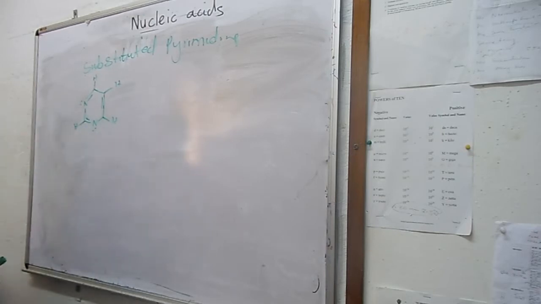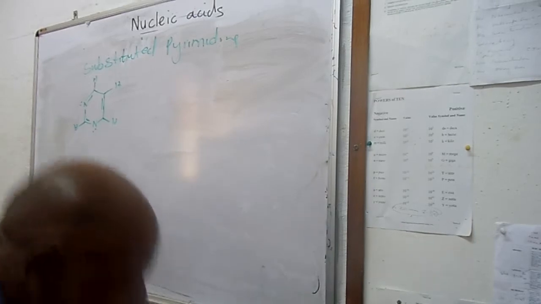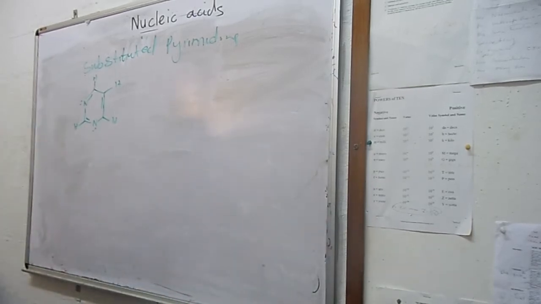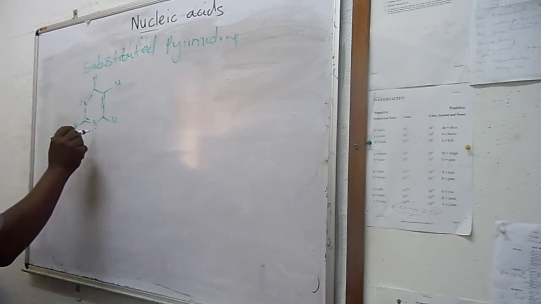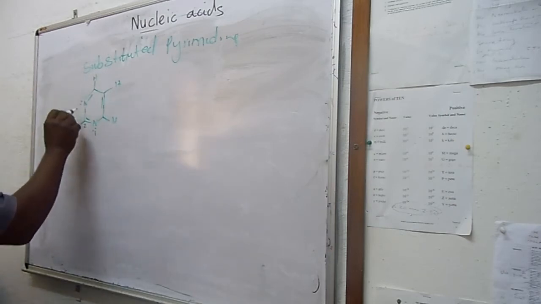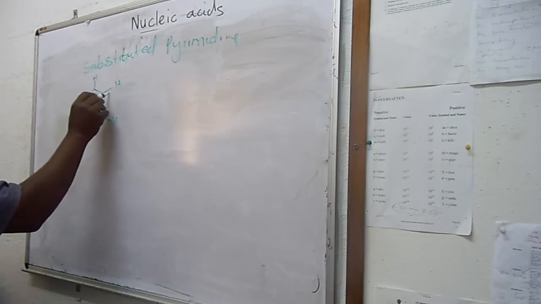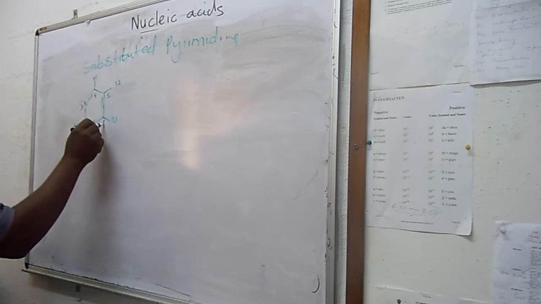So what we were saying was that if you substitute this hydrogen, remember we said this is number 1, number 2, number 3, number 4, number 5, and number 6.